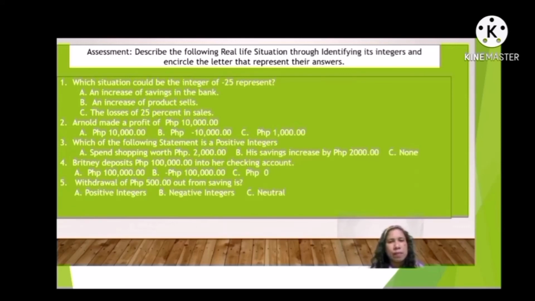Assessment. Describe the following real-life situation through identifying its integers and encircle the letter that represents your answer. So, circle lang, very easy. Which situation could be the integer of negative 25? A. An increase of savings in the bank. B. An increase of product sales.